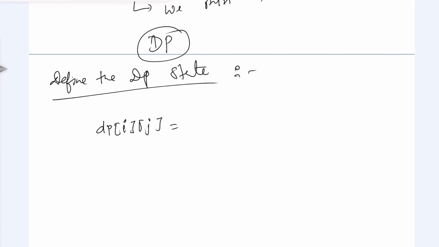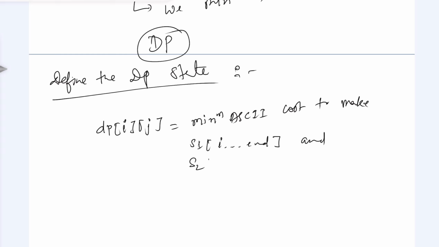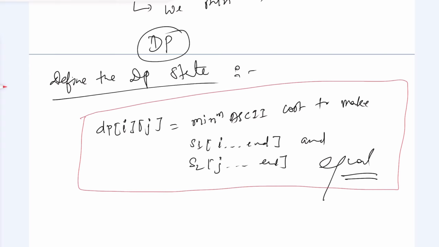It should store the minimum ASCII cost to make, given S1 from i to the end and S2 from j to the end, both equal. So the DP state is the minimum ASCII cost to make both strings equal.